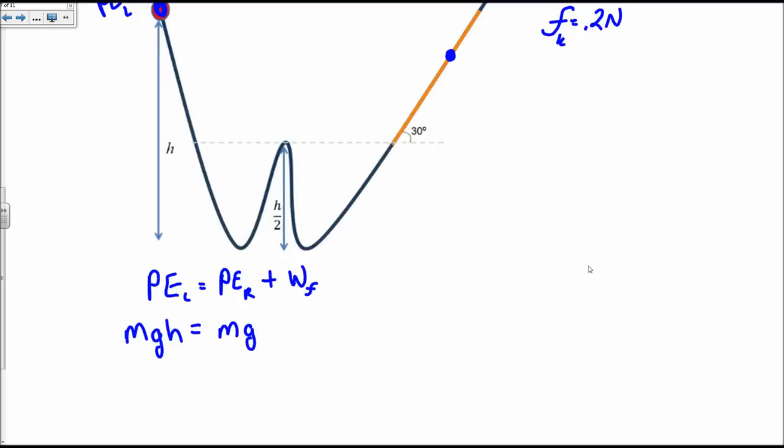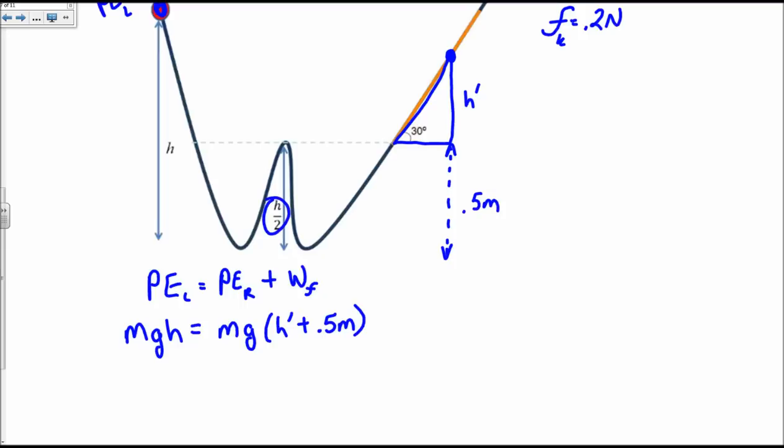I need to let me draw some pictures here. So let's say that I have it go up to this height right here. So it comes up to this point and stops. I'm going to call this h prime. Okay, so that'll be h prime plus 0.5 meters. All right, so this distance right here from here to here is 0.5 meters.